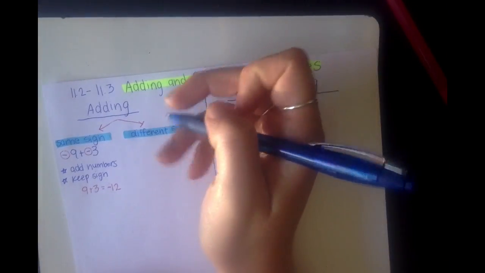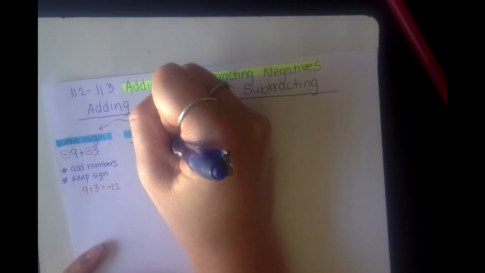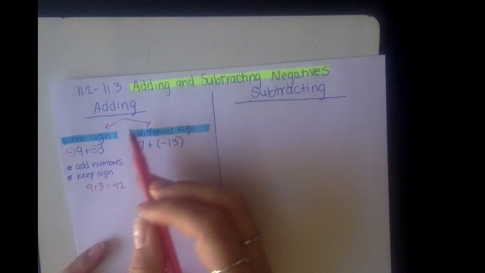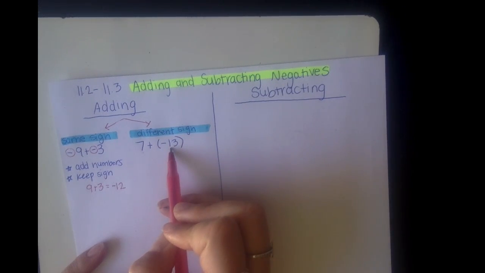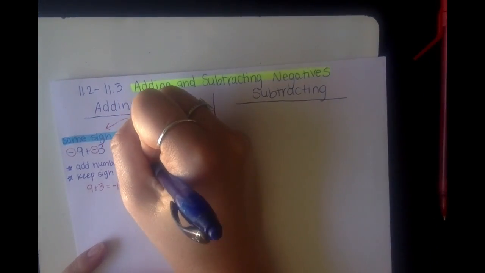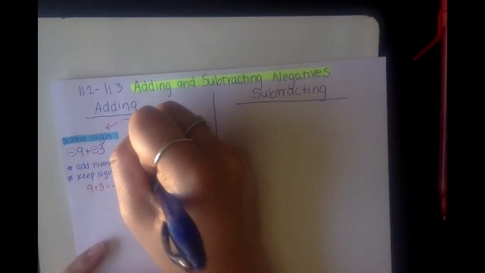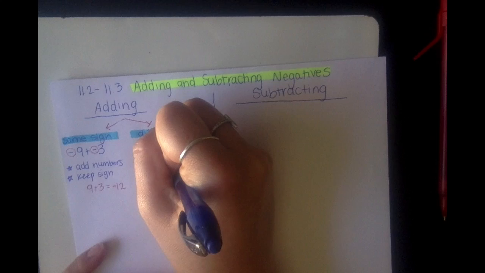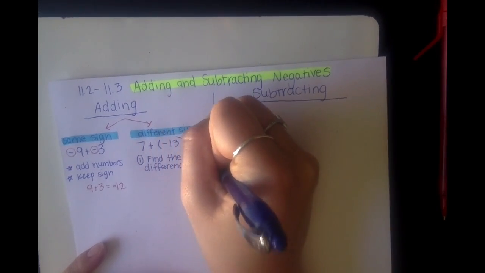So let's say, for example, I have 7 plus -13. Here I'm adding two numbers with a different sign. 7 is positive, 13 is negative. My first step is to find the difference between both numbers.